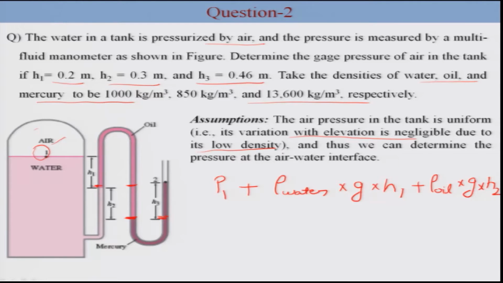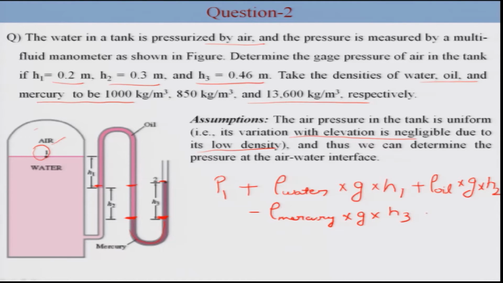Now we know pressure at this point, and we are moving in the upward direction. So we need to subtract the pressure because of height h3, and this fluid is mercury. So it will be density of mercury multiplied by g into height h3. Now we get the pressure at point 2.